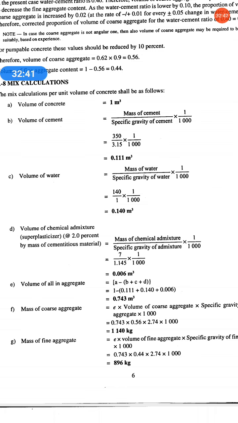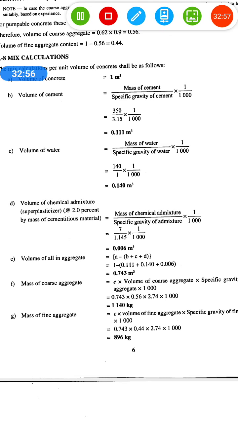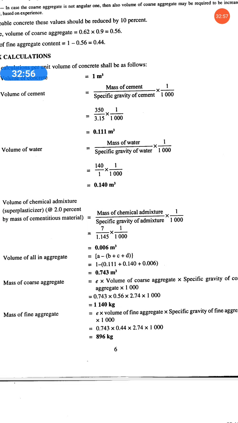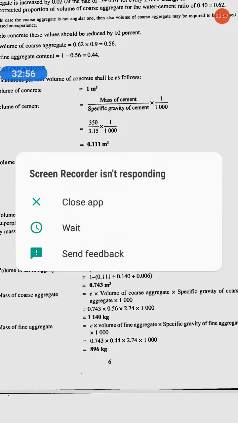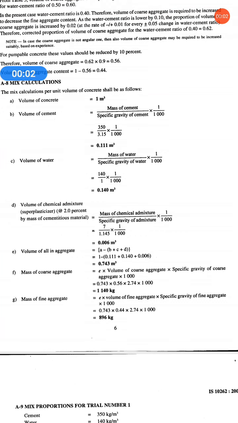of cement into 1/1000. So mass of cement we have already calculated, and specific gravity will be fixed. Similarly, volume of water, mass of water upon specific gravity of water. So volume of cement will be mass of cement upon specific gravity.